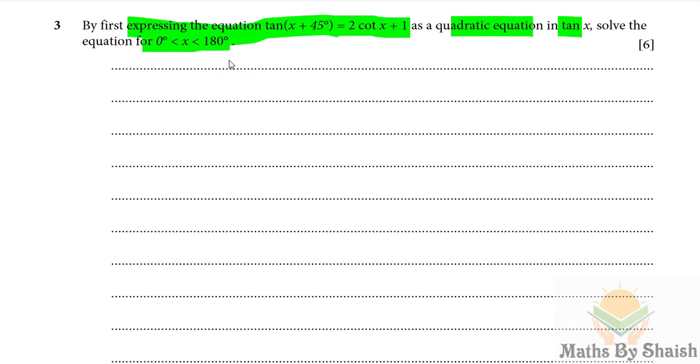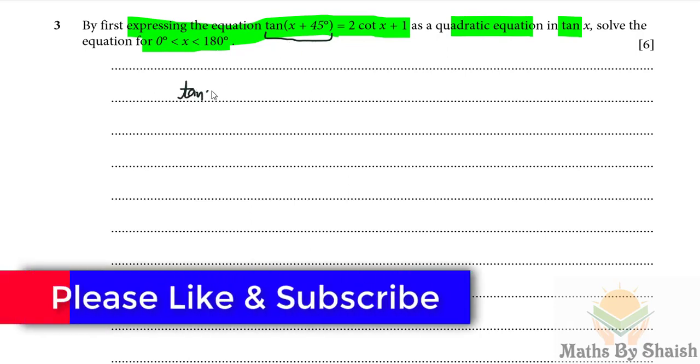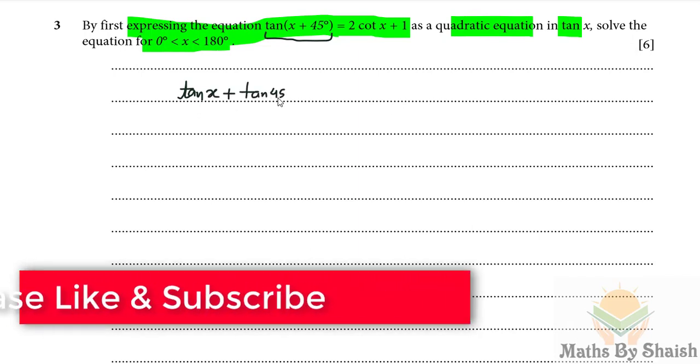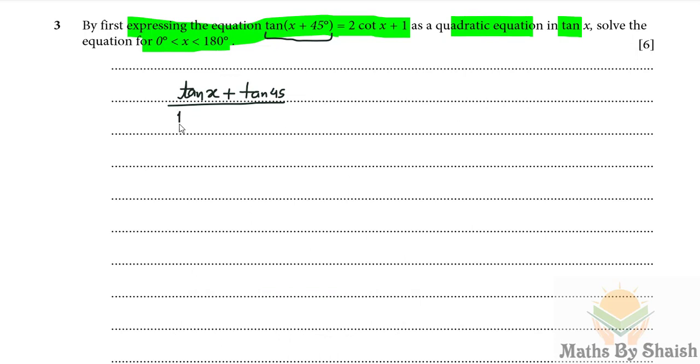So first of all we'll express this, and in order to express it we can use the tan property, tan(a + b), and we know tan(a + b) is (tan a + tan b) over (1 minus tan a tan b). So here we are going to write this as (tan x + tan 45) over (1 minus tan x into tan 45).